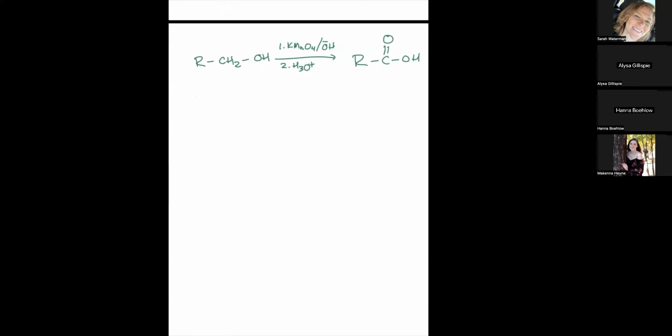We're making more bonds to oxygens. So what we've done is we've made this carbon a carboxylic acid. Now, here's the other one that I believe, McKenna, maybe it was you, with the Grignard? Yeah, with the Grignard. So if we do a Grignard, now what we have.